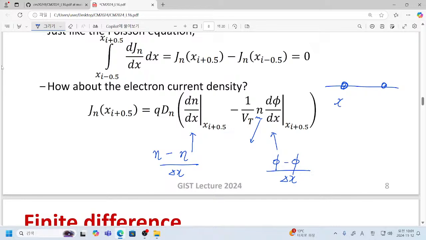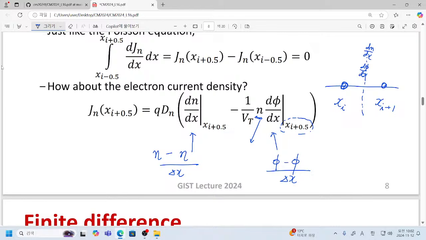This is x sub i, and this is x sub i plus 1, and right now we are calculating this first derivative at the midpoint between them. In this case we calculate dn over dx and d phi over dx. Good. Then what is it?